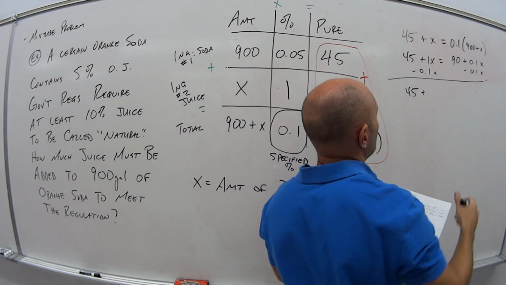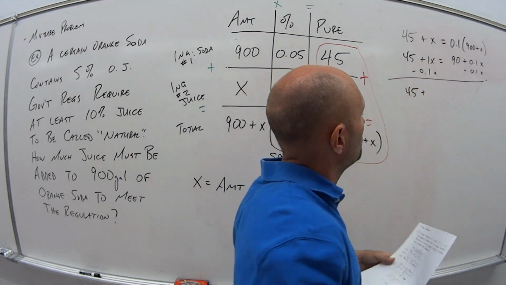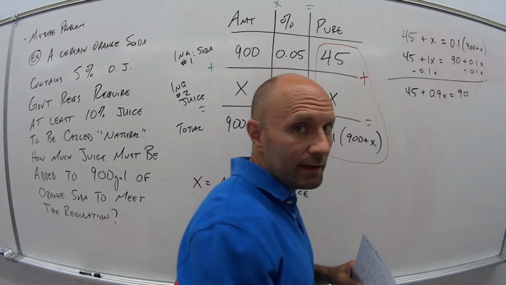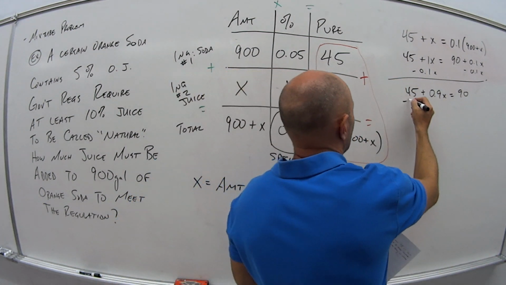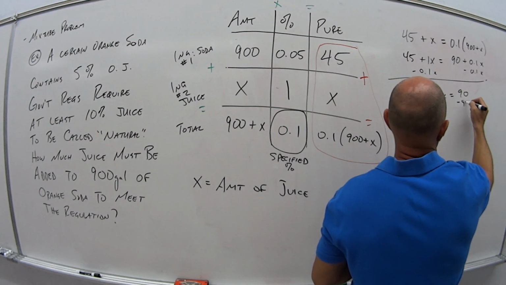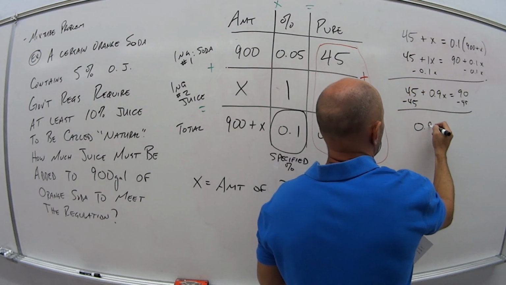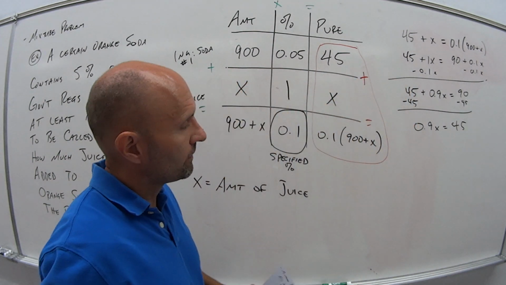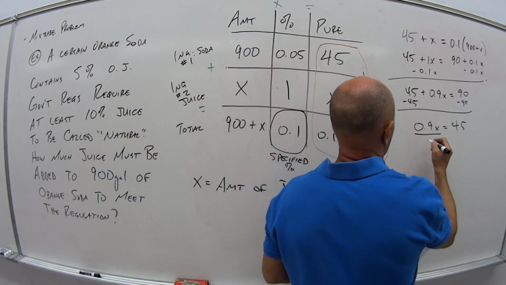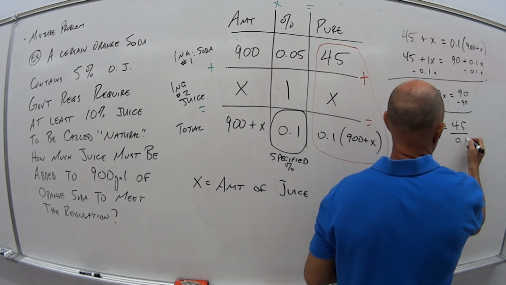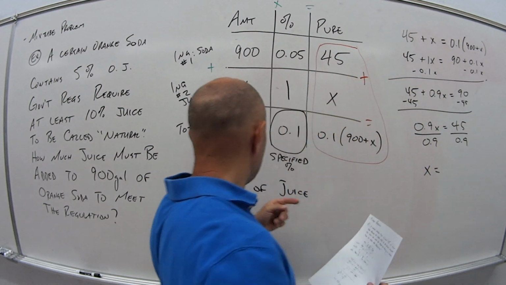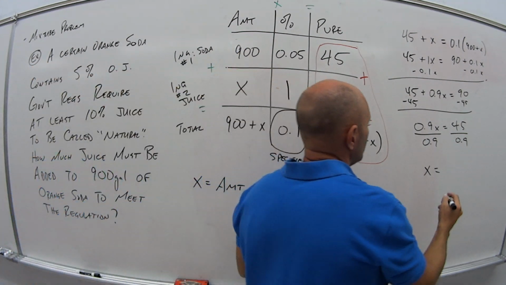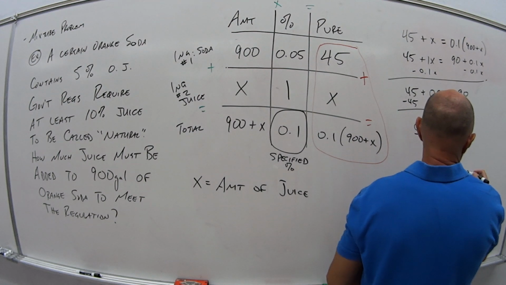So this is like a 1, right? Invisible 1 there. So 1 minus 0.1 is 0.9x, equal to 90. Subtract 45 from both sides. So I get 0.9x is equal to 45. And divide both sides by 0.9 tells me that x, the amount of juice I need to add to that 900 gallons of soda, is equal to 50 gallons.